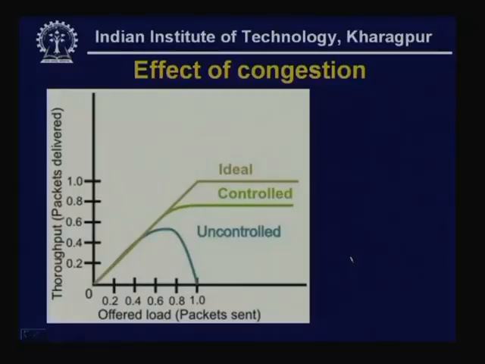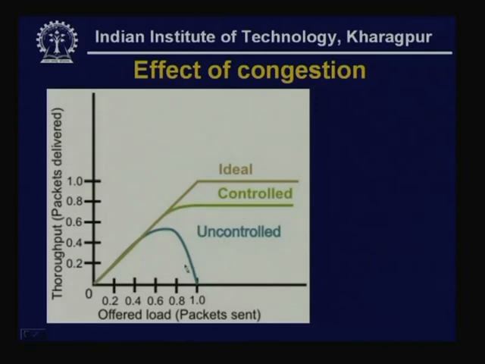And let us see what is the effect of it. So as you can see, this particular curve corresponds to uncontrolled, that means no control measure has been taken for overcoming congestion.